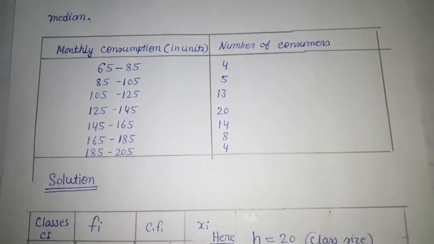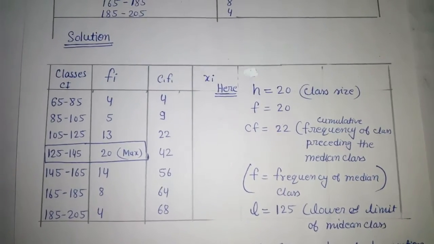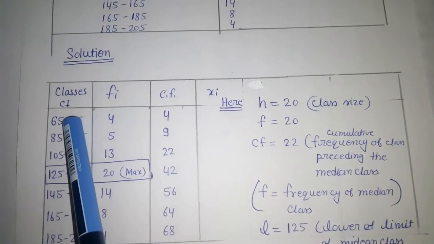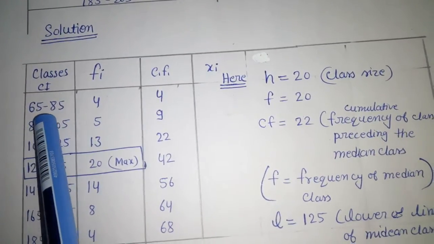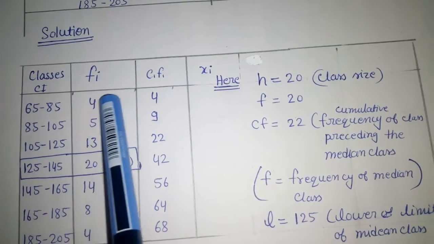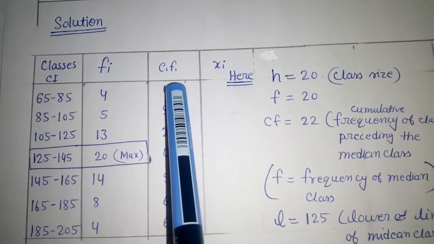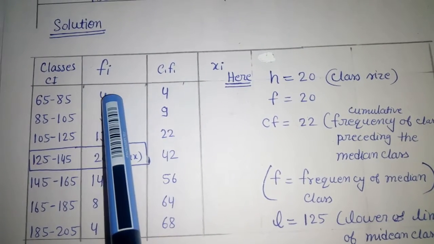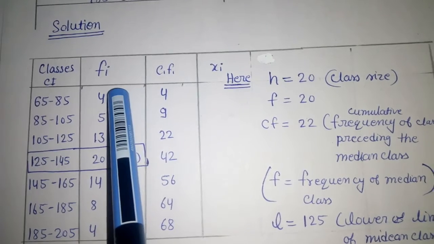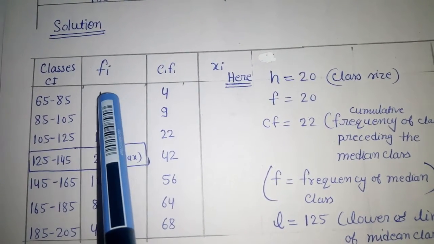And now see, we developed a table like this. This is the class interval and this is fi, both are given. We write the cumulative frequency here. Cumulative frequency comes when we add the previous frequency to the present frequency.